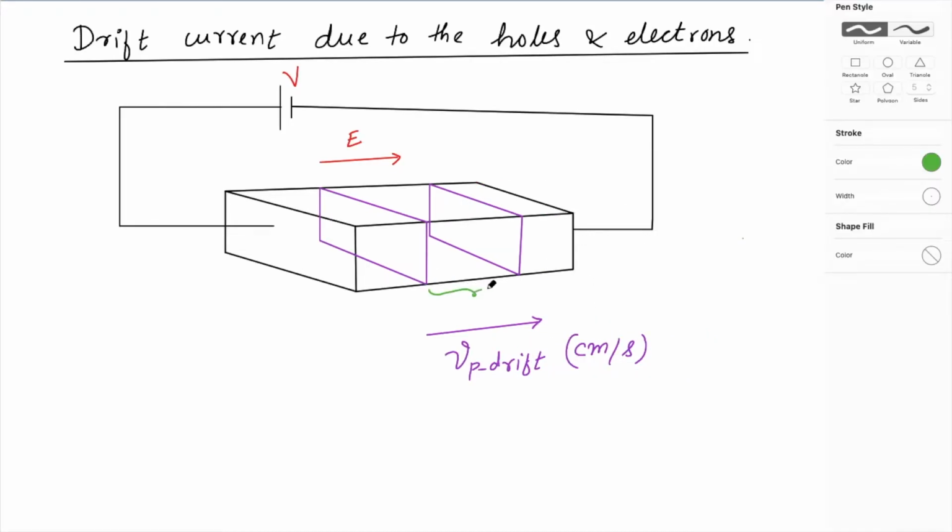So this is also vp drift centimeter. That means the amount of charge present in this box is the amount of charge that has crossed this cross section in 1 second. So if the area of this face is A, then the volume of this box is going to become A into vp drift. Of course, it is in centimeter.